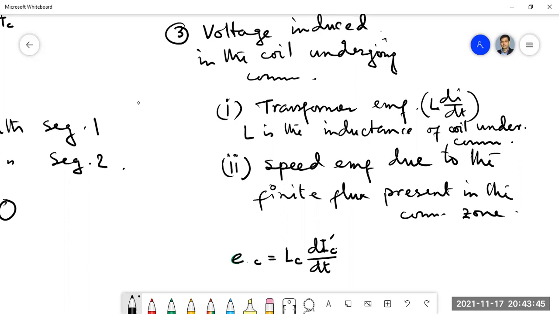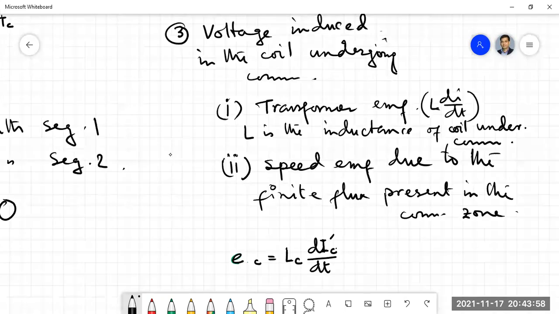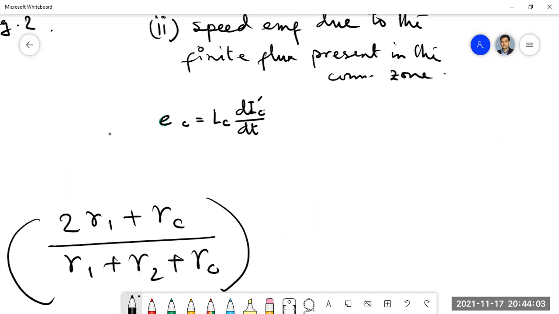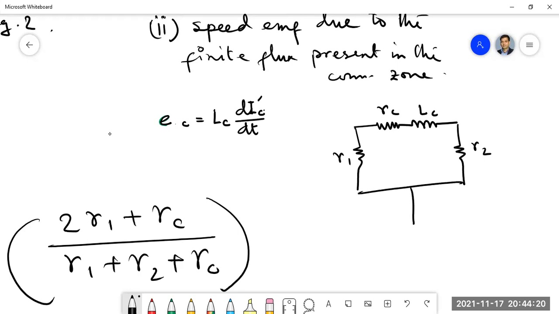So this can be treated just like an RL circuit. Now, in an RL circuit, suppose the current is getting changed from plus IC to minus IC. What will happen? Suppose the resistance and inductance are there, and some other resistances are also there.